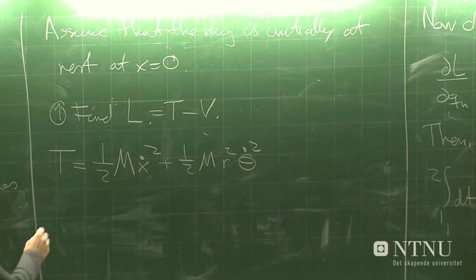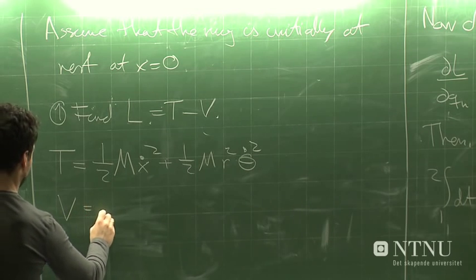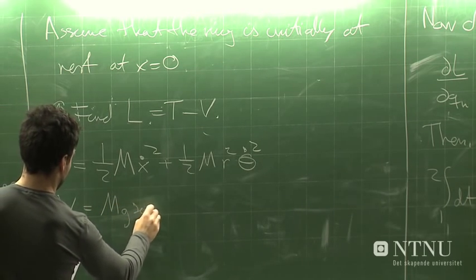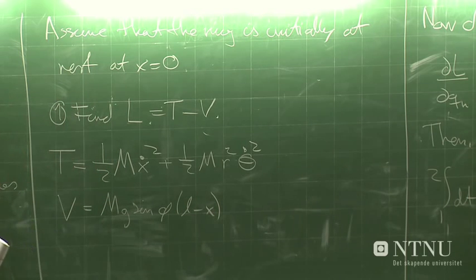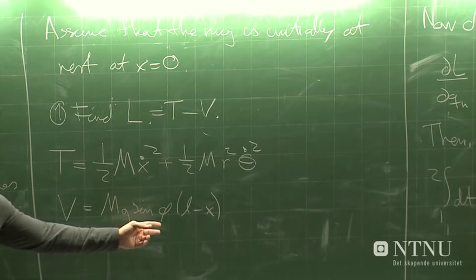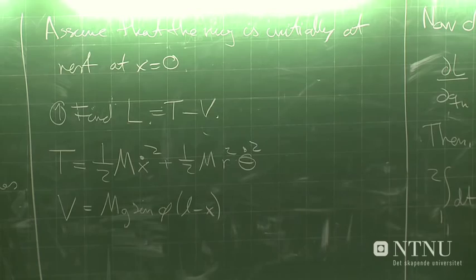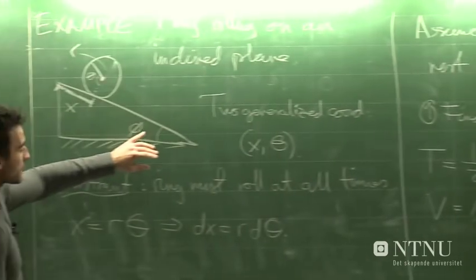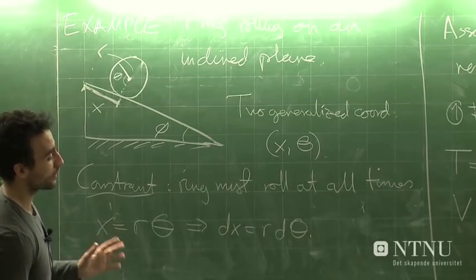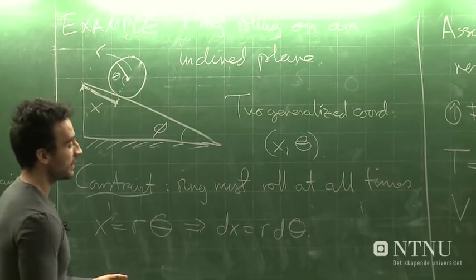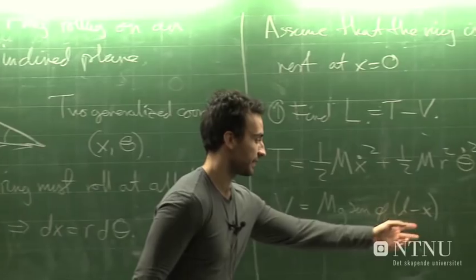The potential energy looks like this. So we have this factor sine phi, excuse me, where phi is the inclination of the plane, the angle of inclination of the plane, and L minus x is the distance.